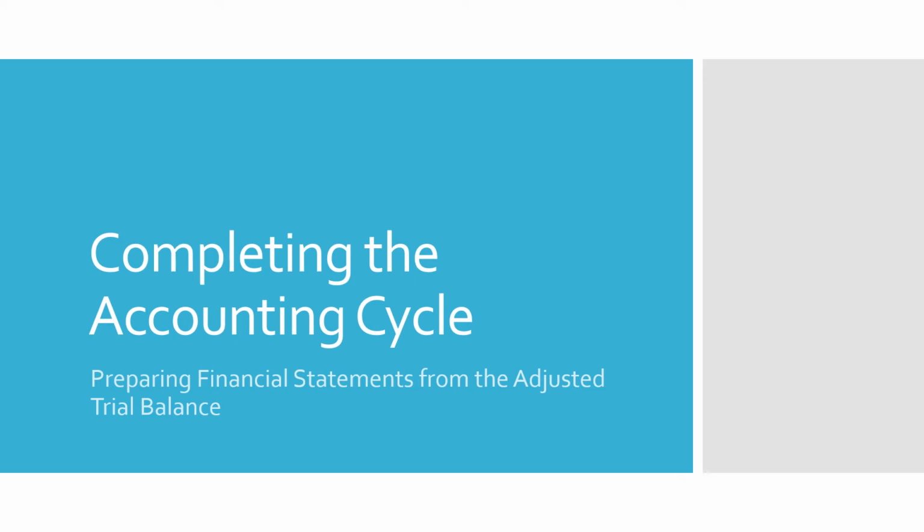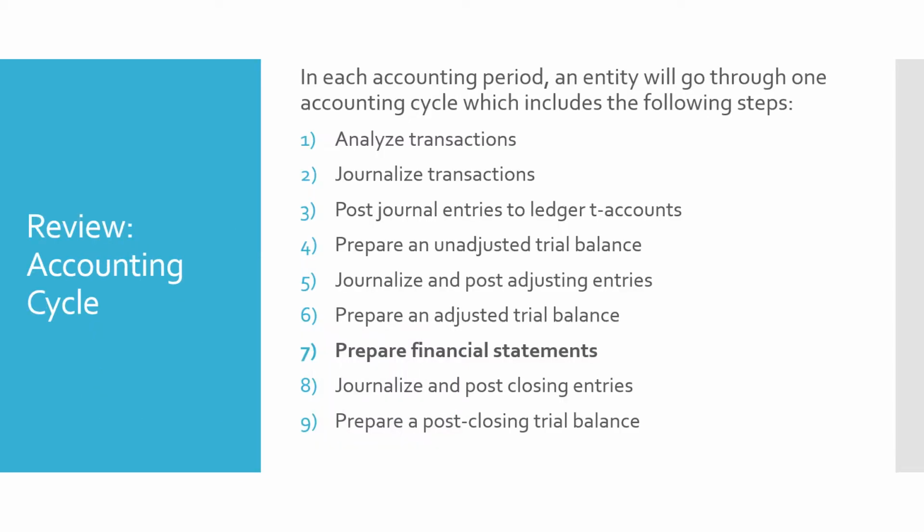In this video, we are going to get closer to completing the accounting cycle by preparing financial statements from our adjusted trial balance. After we prepare our financial statements, we'll just have a couple more steps and we'll be all the way through our accounting cycle.